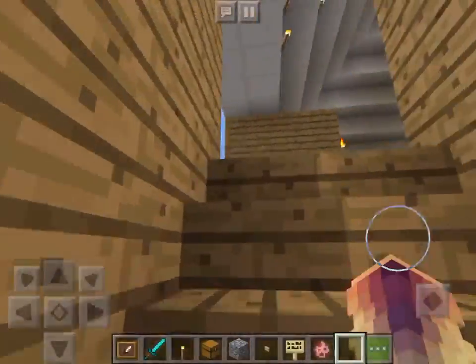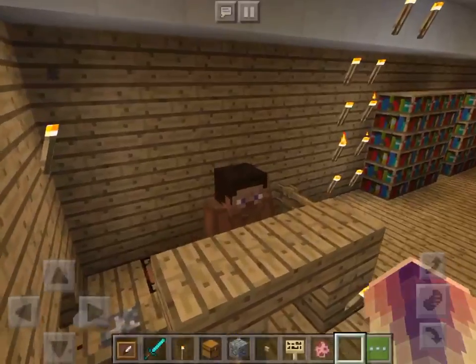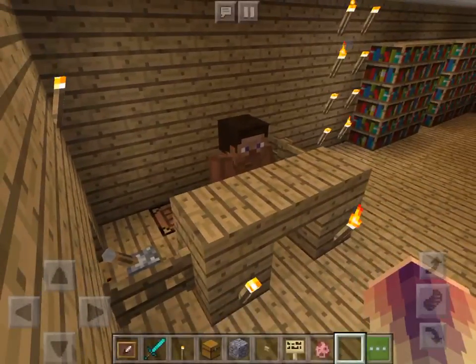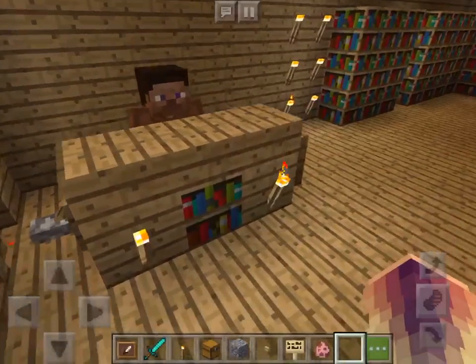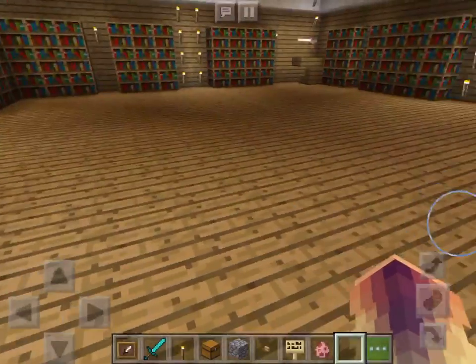Up here, say I was wondering how a cell works. Well, if you ask the librarian, it flips a little switch, bang, there are some books about it. So the librarian sometimes helps.